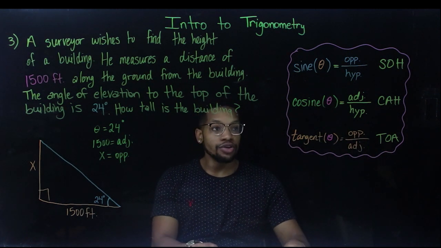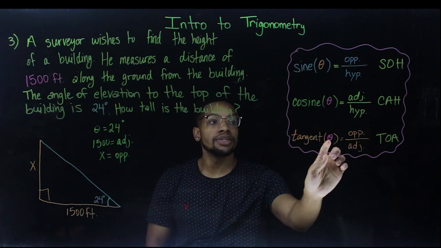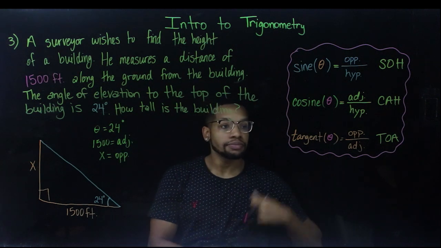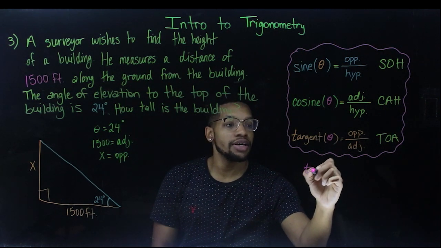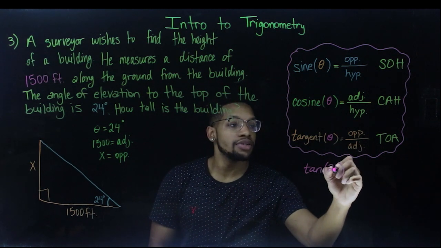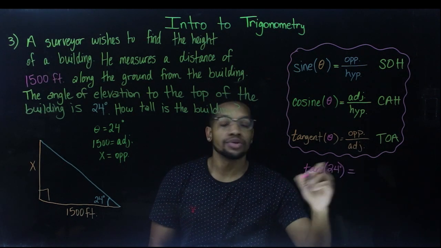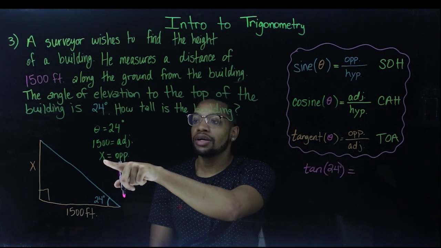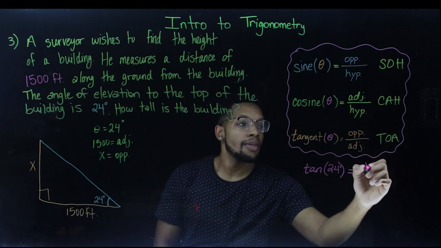So all you do is rewrite this, again, replace theta, opposite, and adjacent with these three right here. So I'm gonna say the tangent of what? 24 degrees equals opposite over adjacent. So that's gonna be X over 1500.